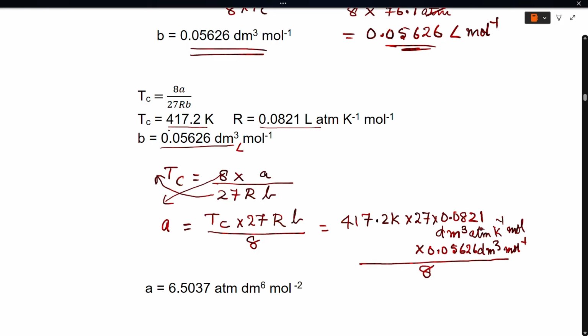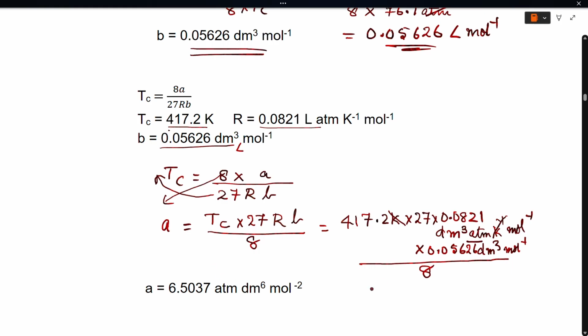So, here Kelvin inverse cancels. Decimeter cube and decimeter cube cannot cancel, they are on the same side. Mole raised to -1 and mole raised to -1 makes mole raised to -2, and decimeter cube and decimeter cube becomes decimeter raised to 6, and the atmosphere as such.